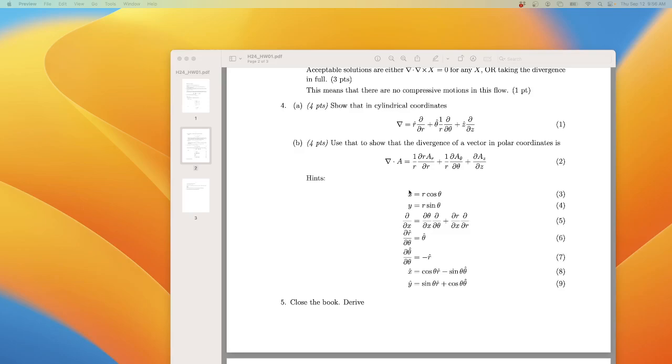To write it in x, y, z, and then take the x, y, z that we have here, invert it, and then take the derivatives and just plug it in. Right. So basically, you start off with grad equals x hat d by dx plus y hat d by dy plus z hat d by dz. And then I've given you some, I don't think everything that you need, but most of what you need.